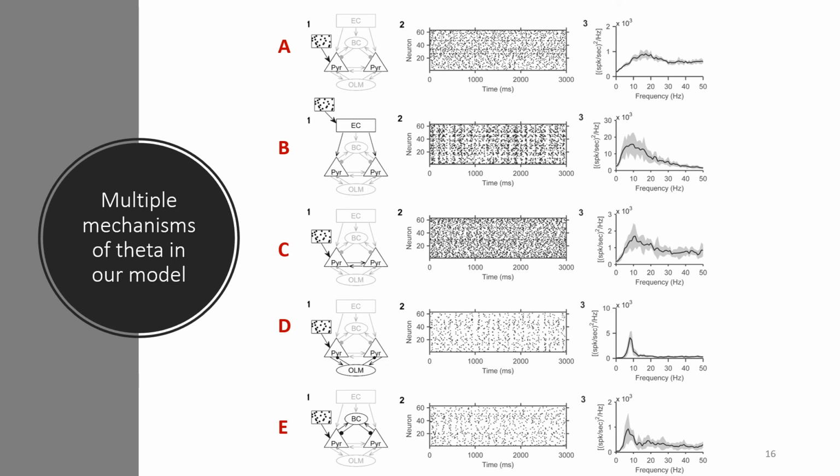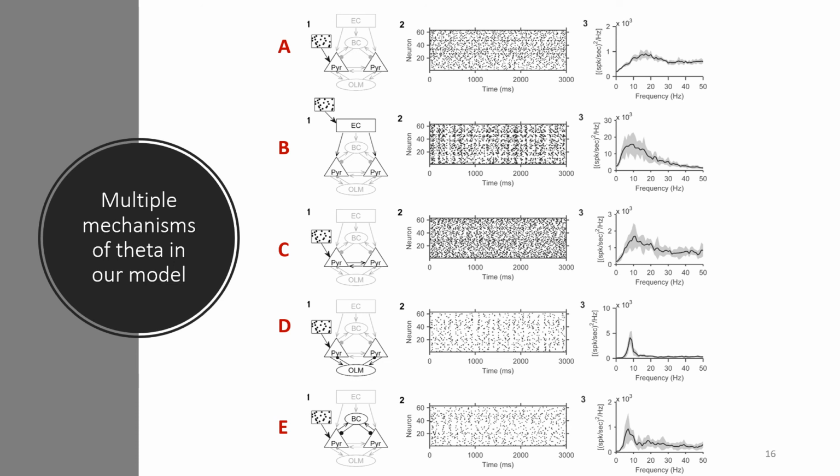With strong synapses, OLM cells fired near theta frequency and then they generated theta locking inhibitory currents in that pyramidal cell network.